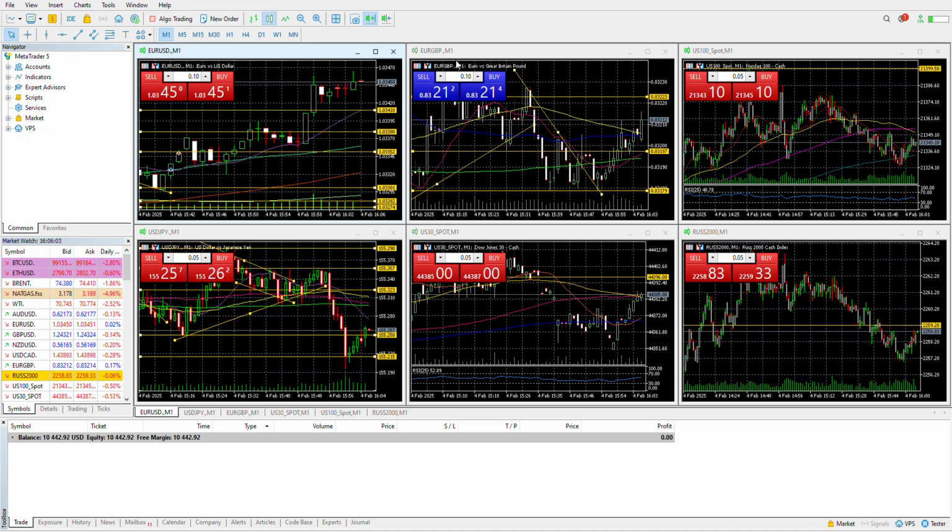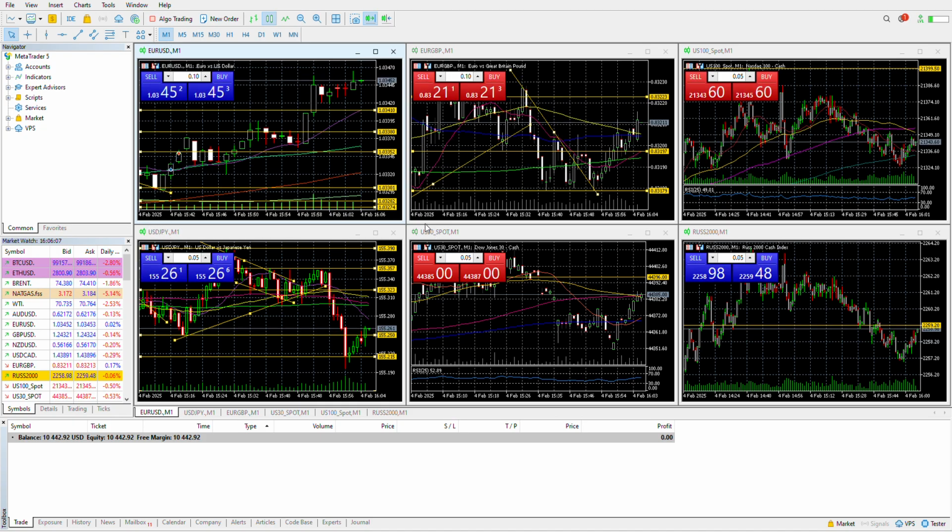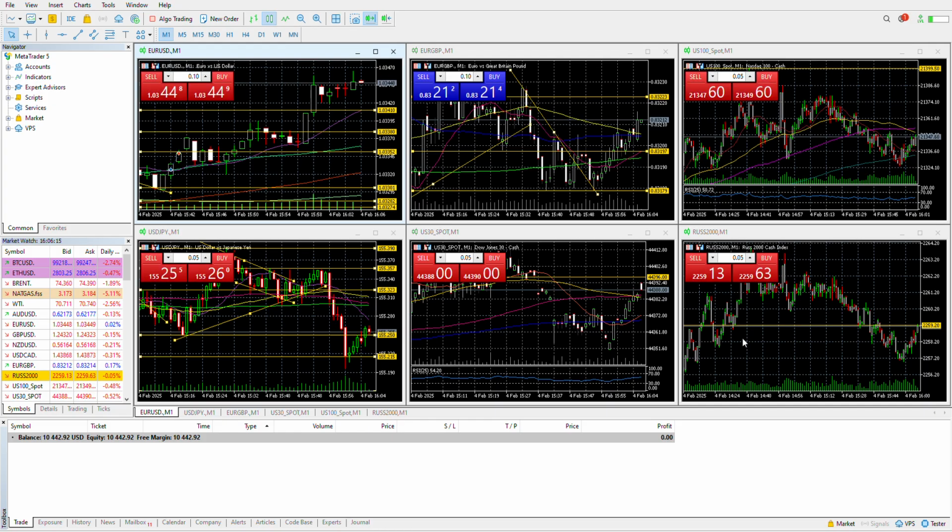So this is EG, EU, UJ. This is US 30. That's the US 100. This is Russell 2000. Haven't traded this. Wow, I marked this a long time ago. It's hovering right around it. So here we go, that's actually climbing up.